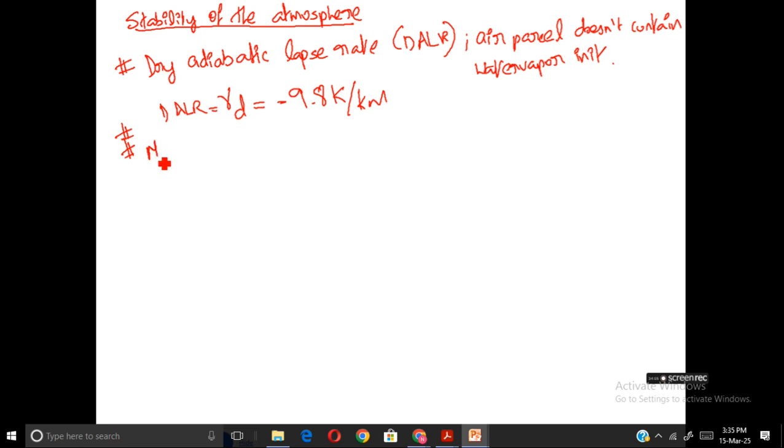The second one is the moist adiabatic lapse rate, or MALR.